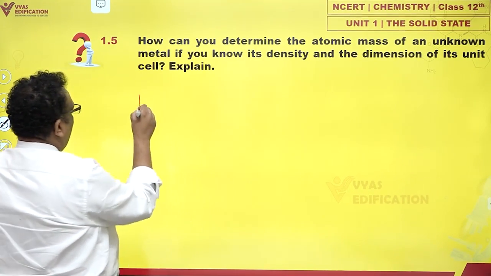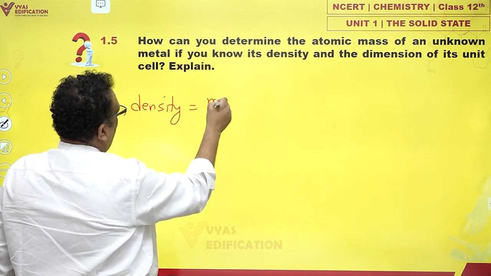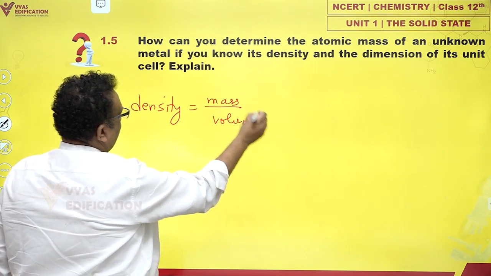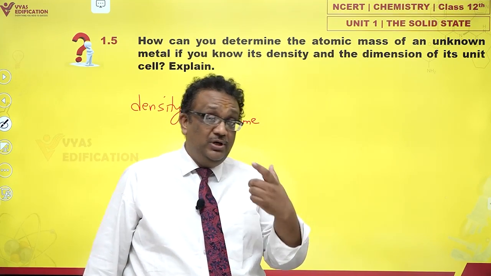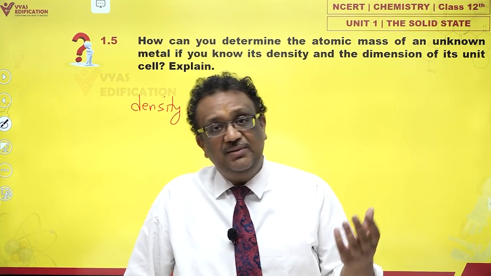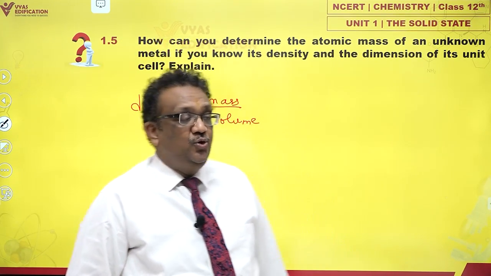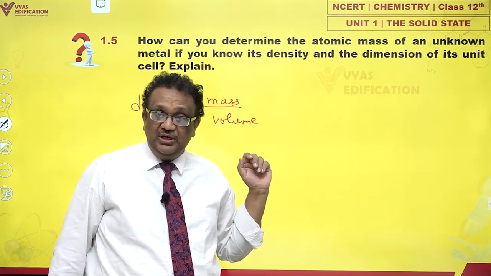See, density by nature is called mass by volume, right? Now, we can use this formula for unit cell also. Density of a given substance is the same as density of its unit cell if it is crystalline. And for a unit cell, that means mass of unit cell divided by volume of unit cell.